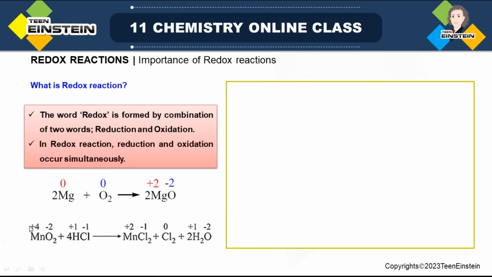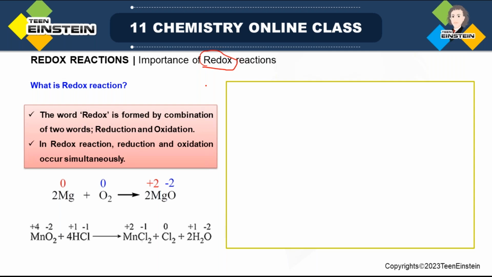Hello everyone. So we are starting a new chapter which is redox reactions. First of all we have to know the importance of redox reaction, but before that, what this term actually means, that is, what is the meaning of redox.